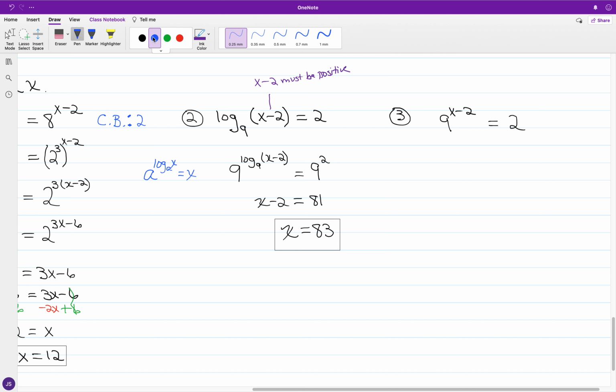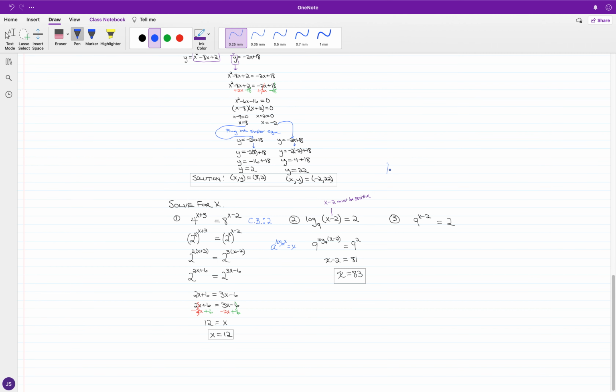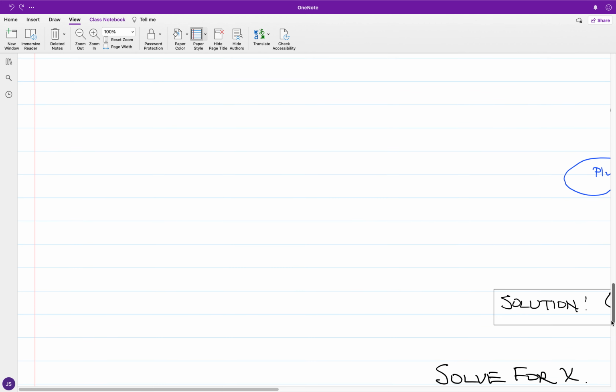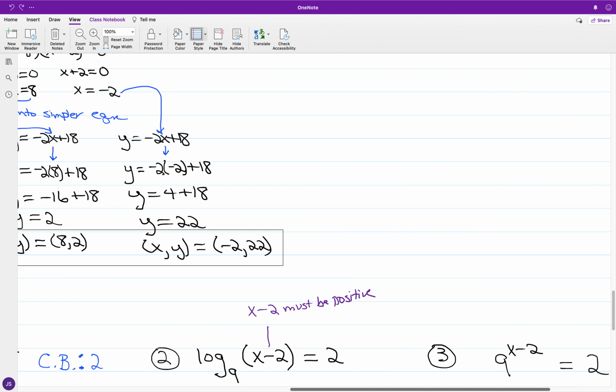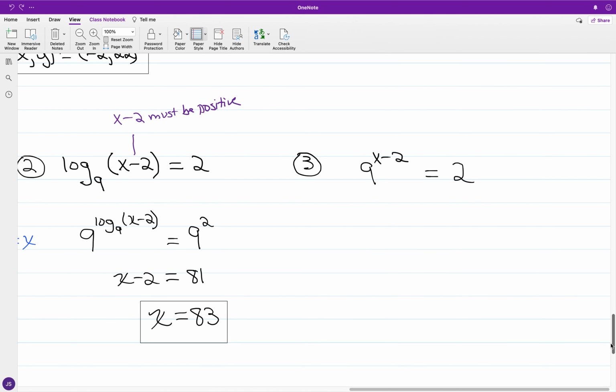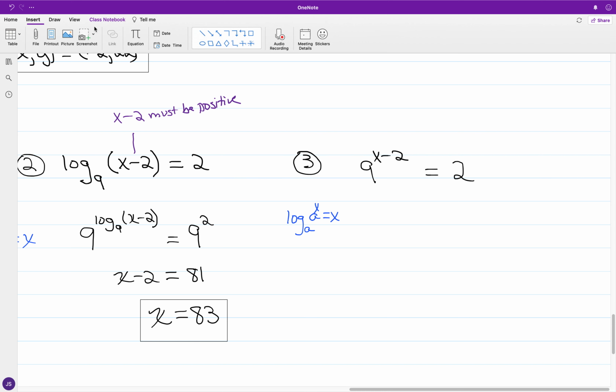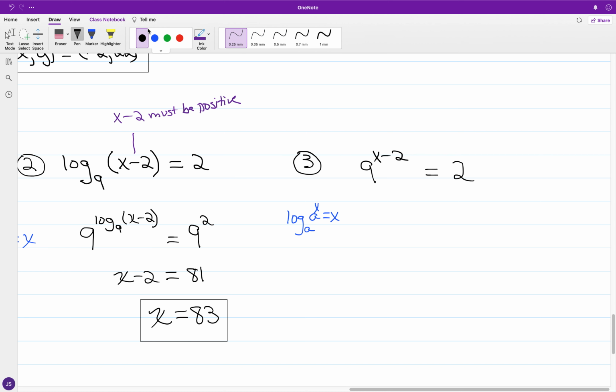And now, just shifting gears, going from undoing logarithmic bases to undoing exponential bases. So now I'm going to have the base a logarithm of a to the x is equal to x. So just taking what we have here, once again we're taking the base 9 logarithm this time.